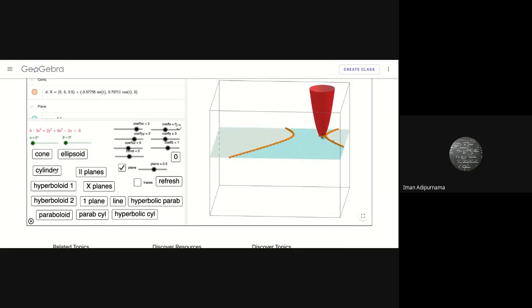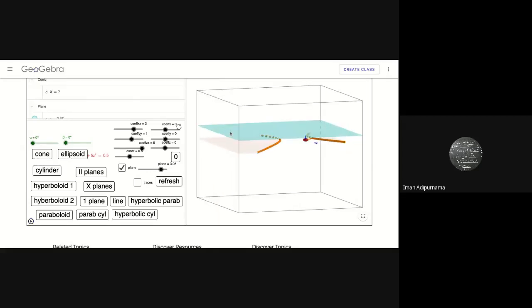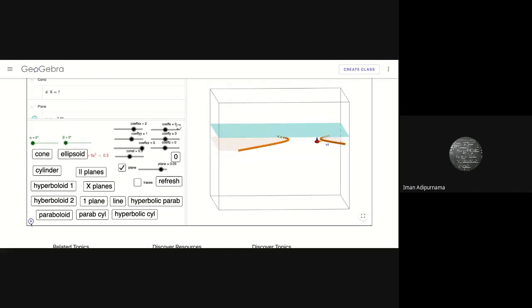And then the cylinder, the ellipsoid. You can also make some animations. You can try to move it and see what's different.